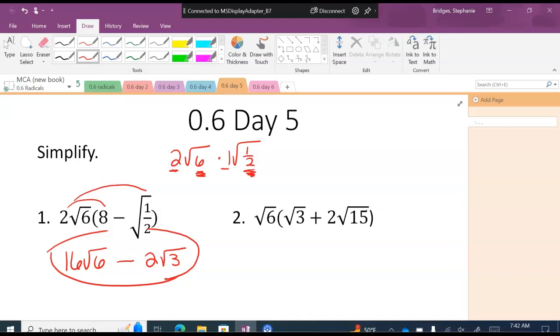And then we will see what has to happen after that. If I multiply the square root of 6 times the square root of 3, what does that give me? The square root of 18. And then if I multiply the square root of 6 times 2 square roots of 15, that's going to give me 2 square roots of 90.